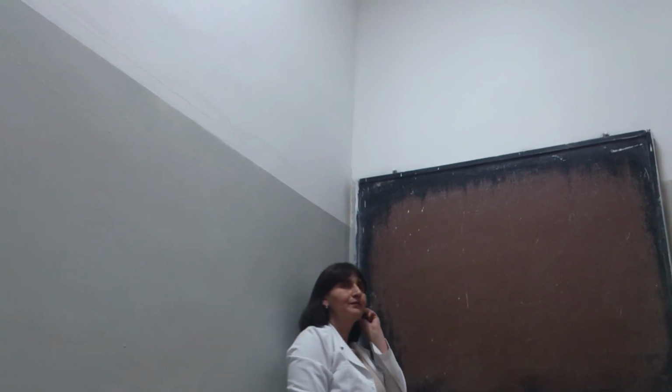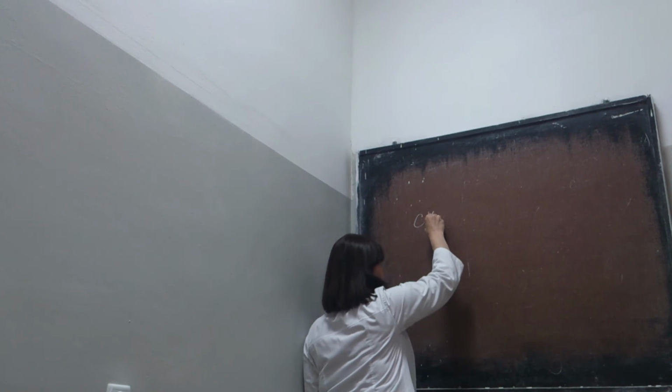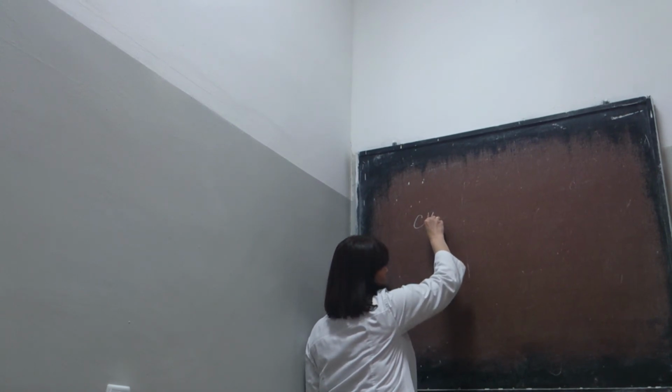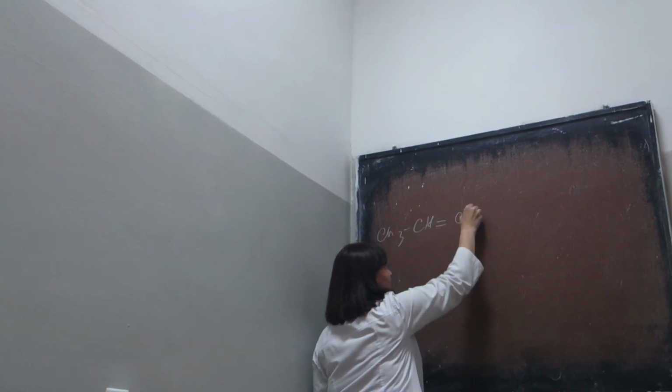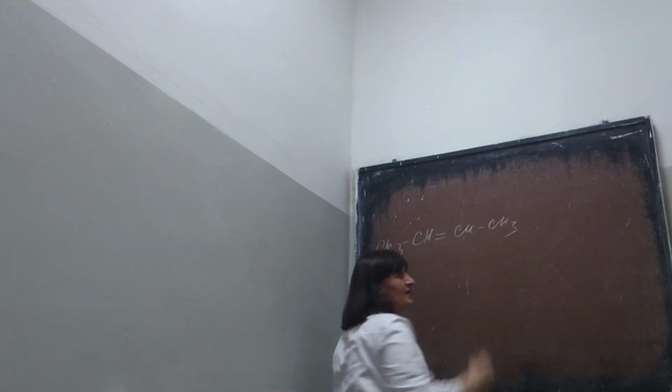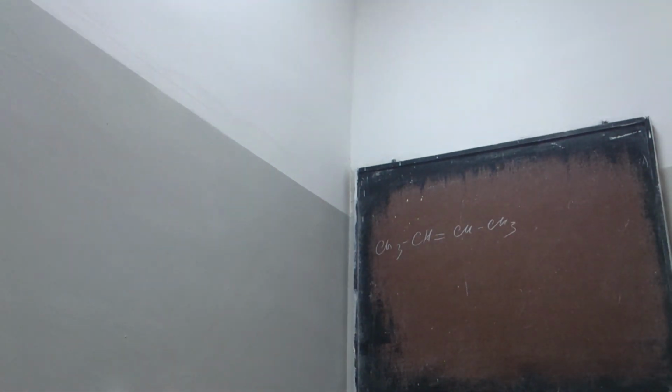If you have this molecule, CH3, CH, double bond, CH, CH3, an alkene, remember please, you can discuss geometric isomers only in alkenes or in molecules where you have a double bond.